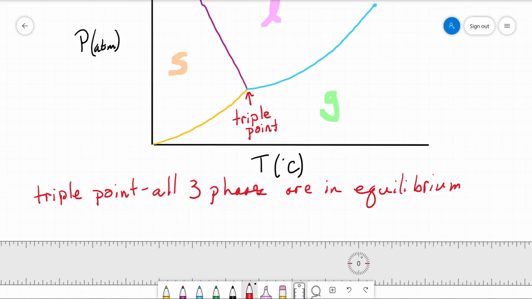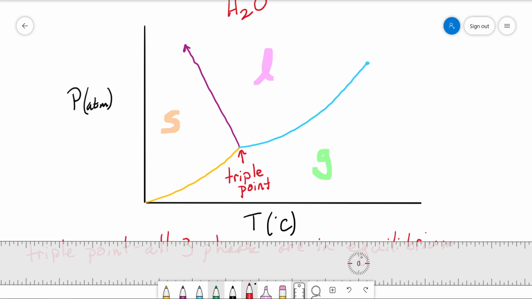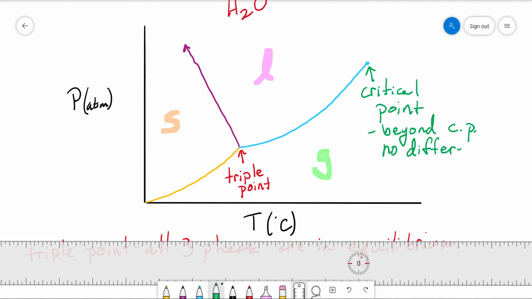It's pretty interesting. So let's see, this point right here, this is the critical point. And that's the point beyond which there's no difference between a liquid and a gas. Beyond the critical point, no difference between liquid and gas exists.